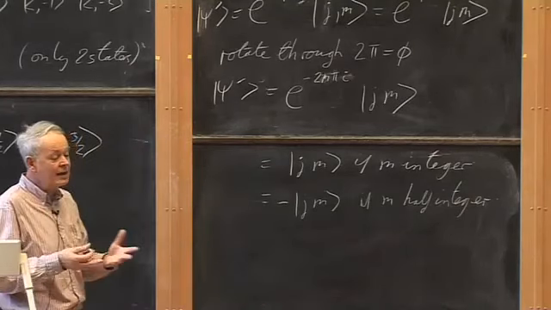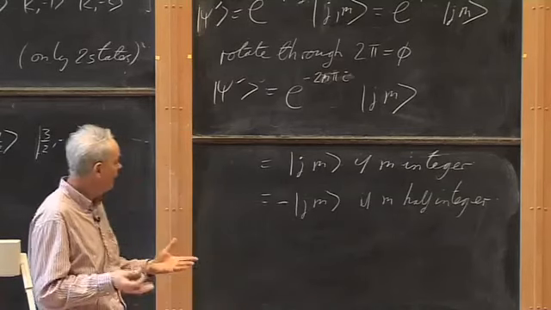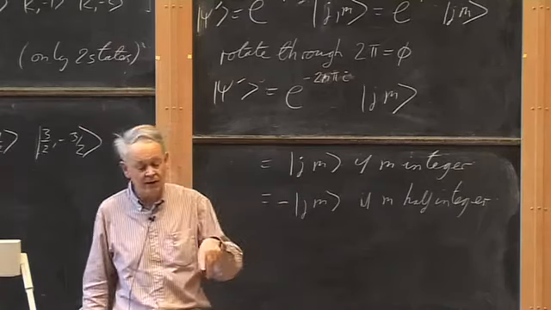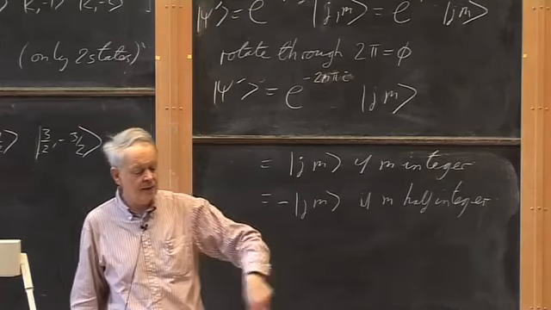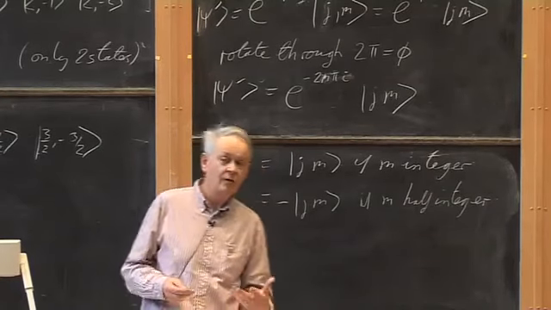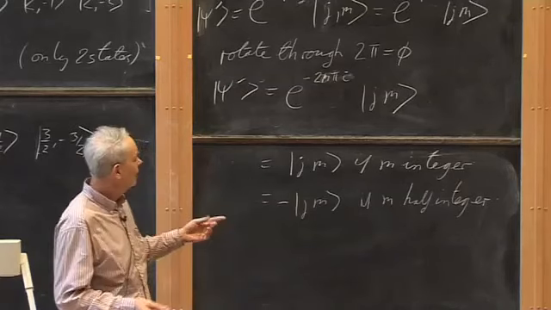So we have no experience as classical beings of the fields associated with these half-integer values of m, and therefore we're unaware of the fact that if you turn the thing completely around, it changes its sign. The fields we do have experience of, the electromagnetic field and the gravitational field, belong to integer values of m.